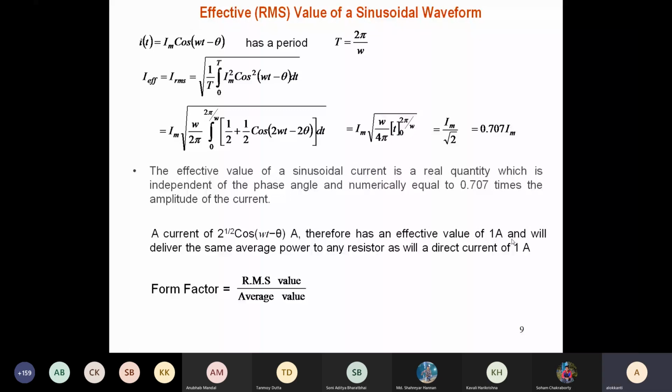If it is some other waveform, it will have some other form factor. So that is how it is defined, the form factor of a waveform. Basically, form factor is the signature of a particular kind of waveform. A particular type of waveform will have a particular type of form factor. And I think it will come when we teach transformers.